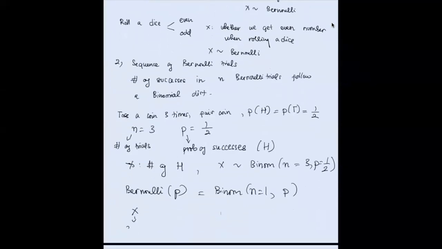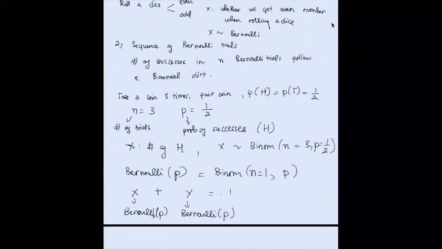And another thing is, if you have 2 Bernoulli random variables, X is Bernoulli and Y is Bernoulli, and let's say they have the same probability of success, we call it p, then X plus Y is binomial.